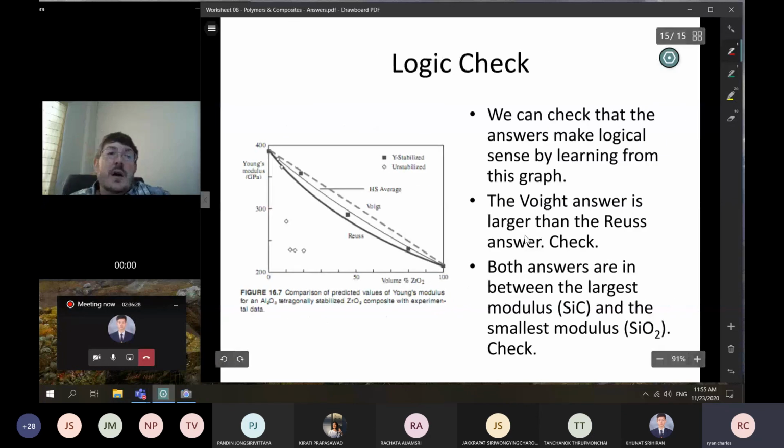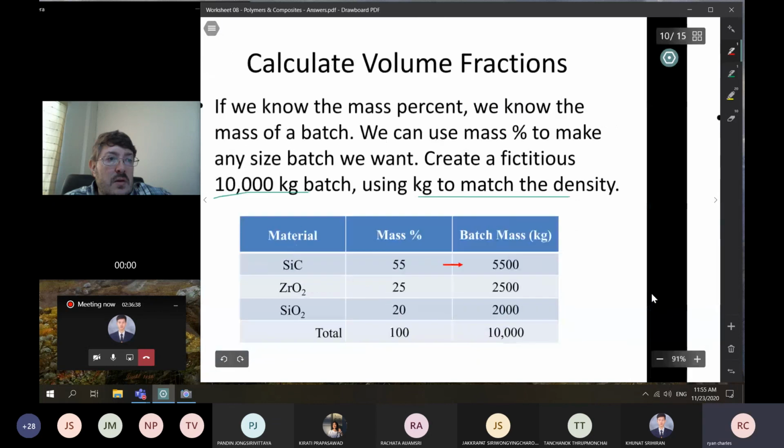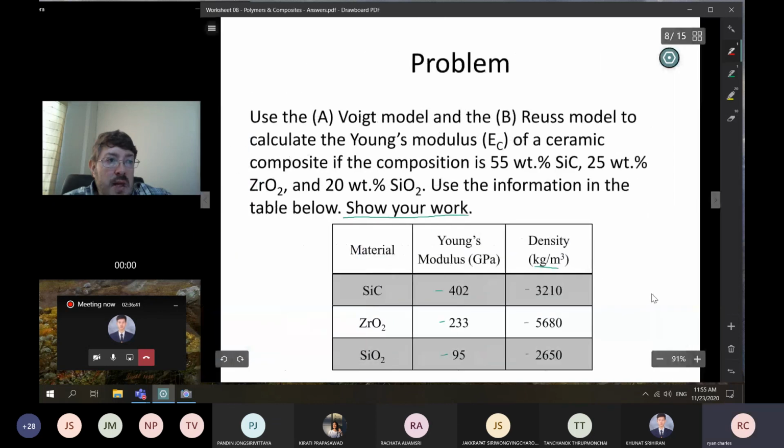Both answers should be between the largest and the smallest moduluses. We have boundaries here. This is the largest, this is the smallest. We can't make a composite using these equations that are mathematically outside of those boundaries.